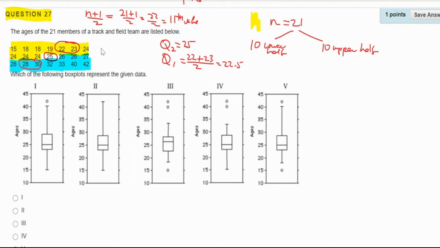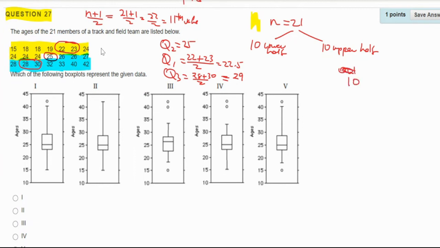So Q3 will be what? (28 plus 30) over 2. That gives you what? Is it 29? That gives you 29. Am I correct? Yeah. Okay.